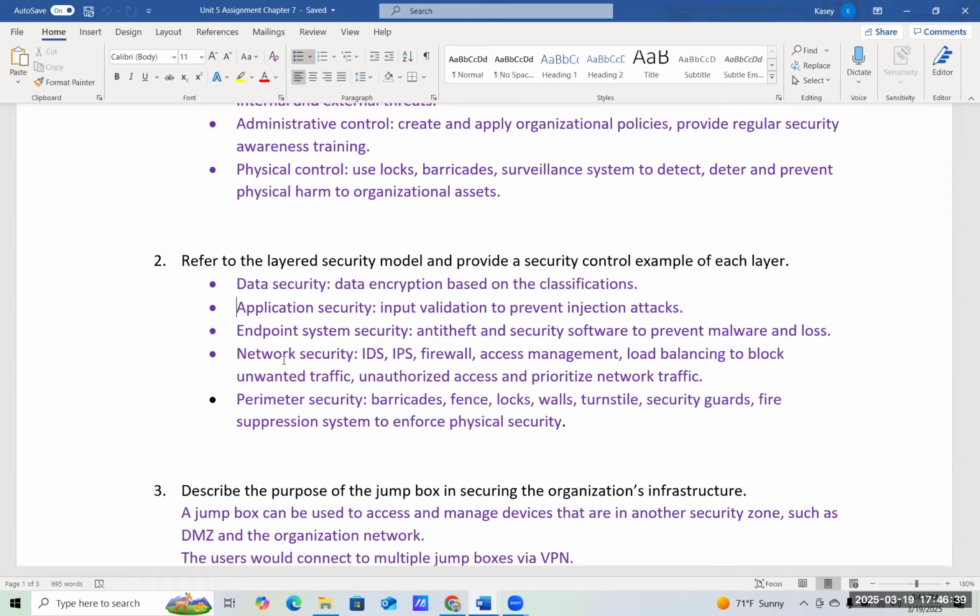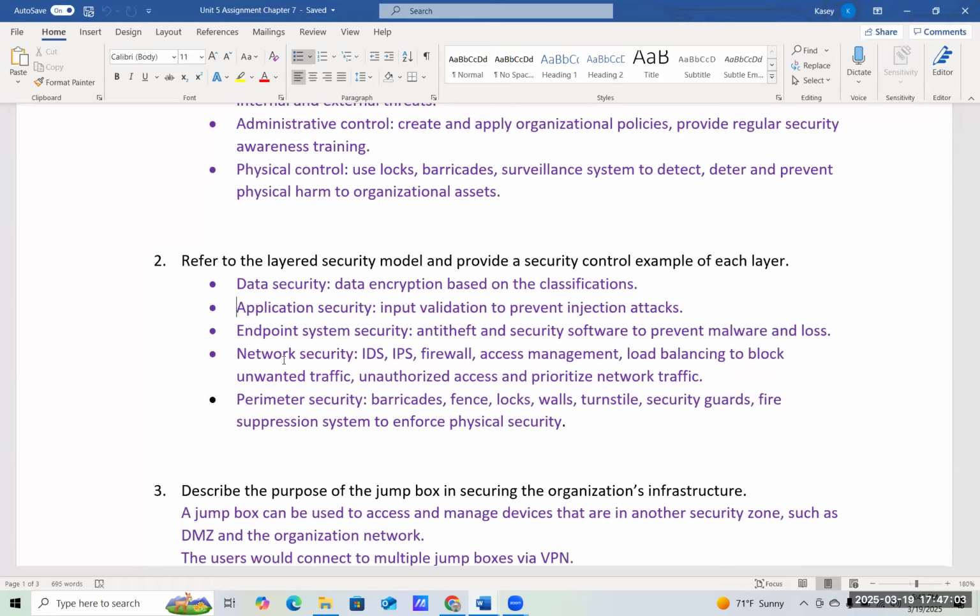Firewalls can also be used to control the behavior of applications and systems and other things. You also want to use authentication for access management, like multi-factor authentication, having appropriate groups and user accounts set up with privileges and permissions for access.